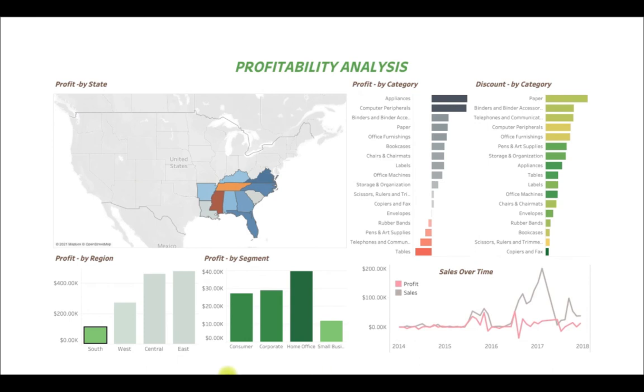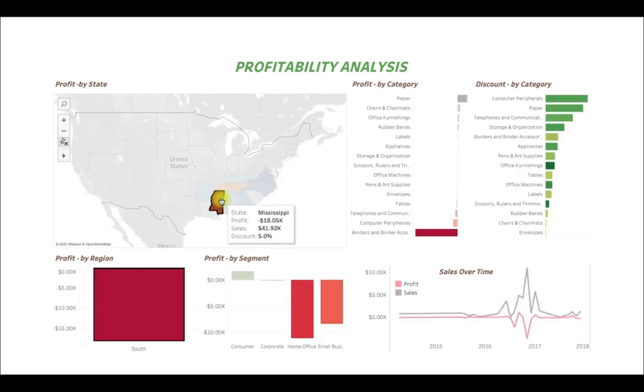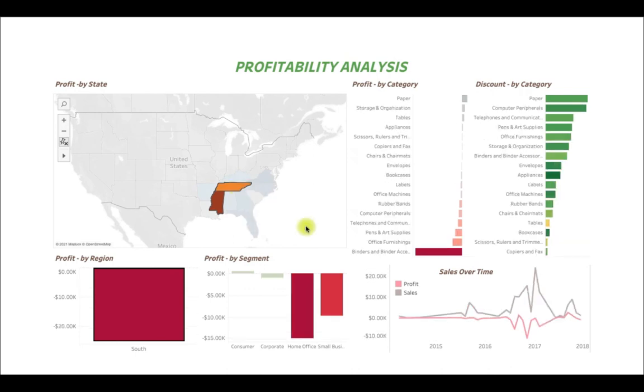And the best part is you can select multiple things over here. If I have selected south, within south I see that only these 2 states are particularly loss making. So maybe I'll select this state by pressing control. Now I see that this category is okay. Now let's select this one also. Okay, deselect this one.